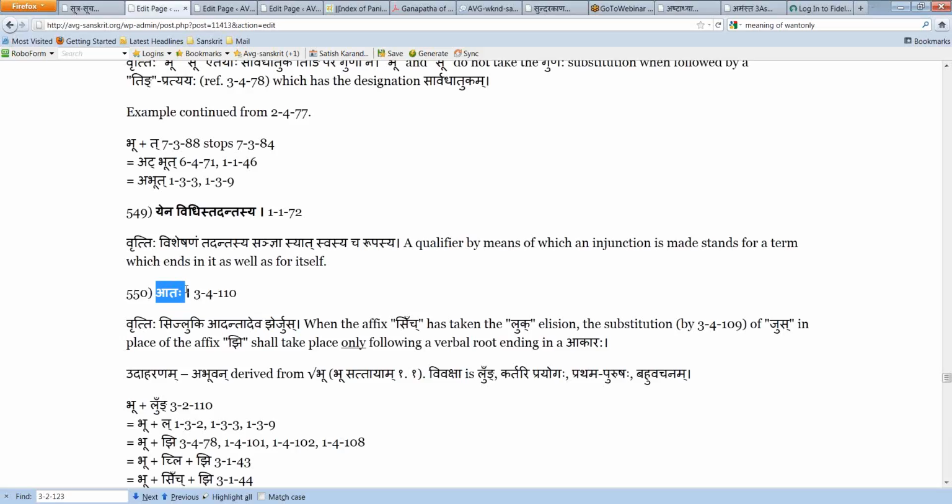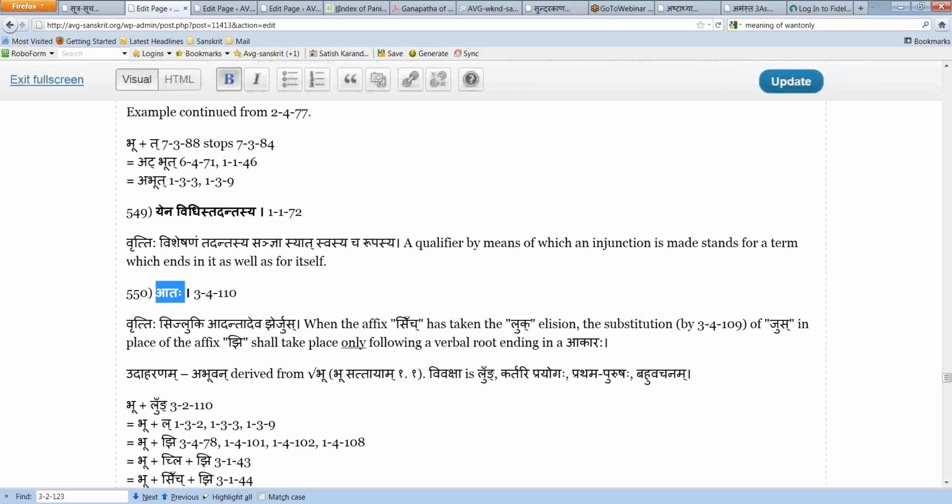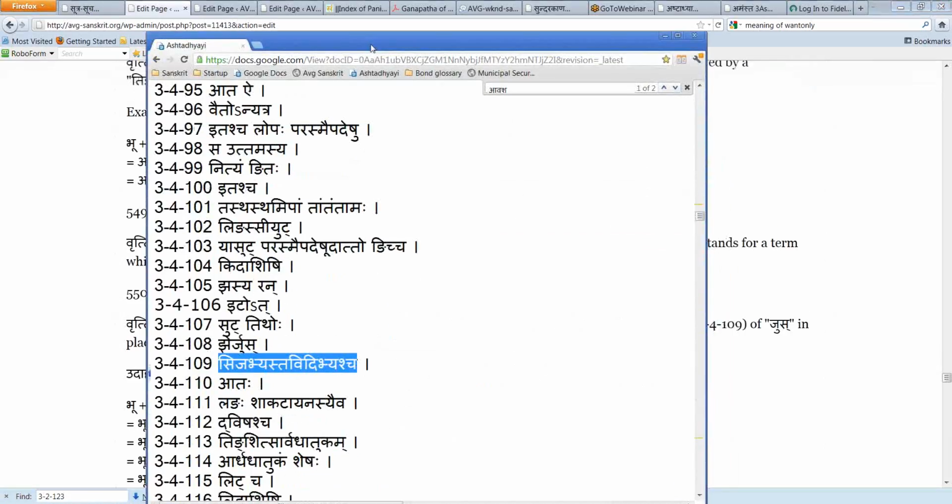So sij abhyasta vidibhyascha already told us that following sich, jhi becomes jus. Now ataha again comes and says that if you have an adanta dhatu, then following that, following a sich, jhi becomes jus. Why do we need this? Already we were told that jhi becomes jus if it follows sich. That means ataha must be niyamartham, because otherwise it has no prayojanam.